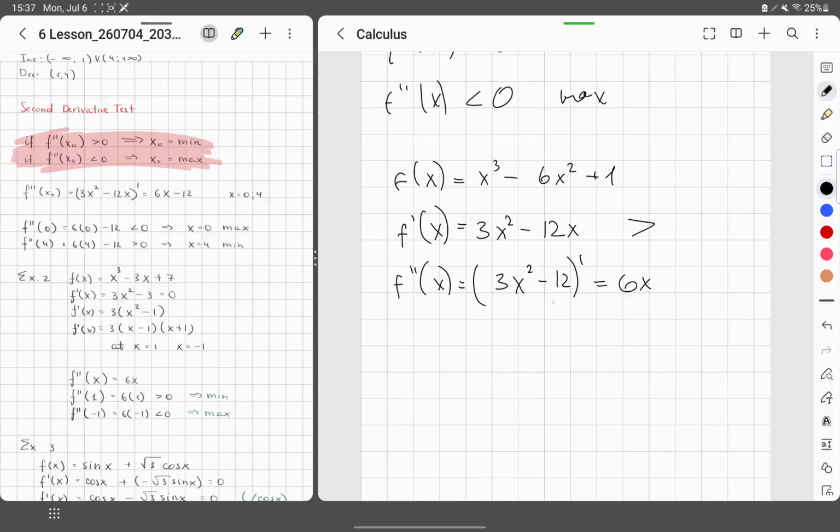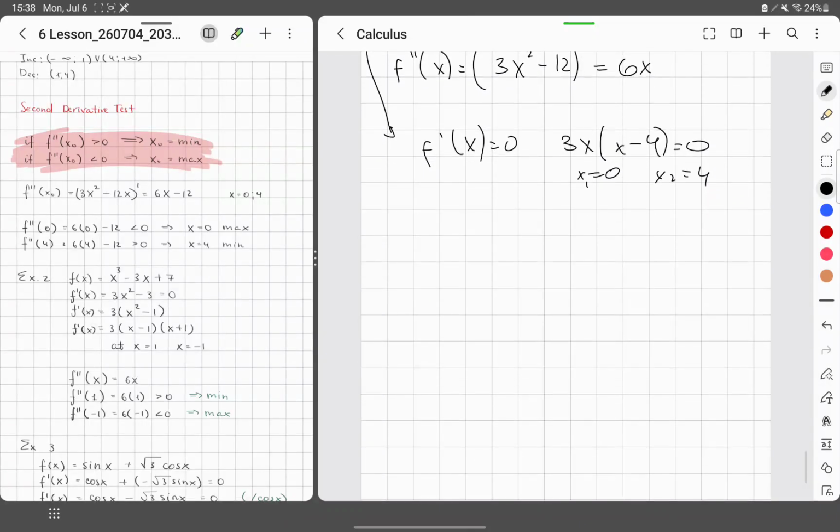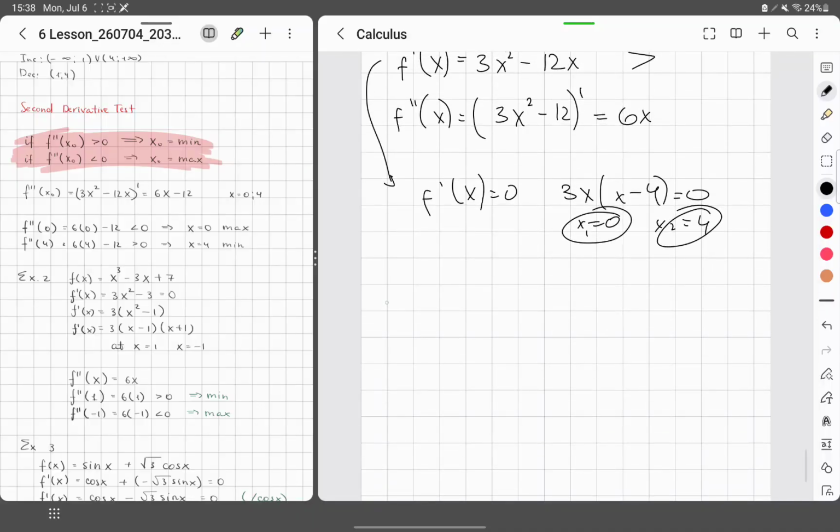Our stationary points come from the first derivative: f prime of x equals 0, 3x(x minus 4) equals 0, x1 is 0 and x2 is 4. So our points are them. In our second derivative test, we will basically use those points.